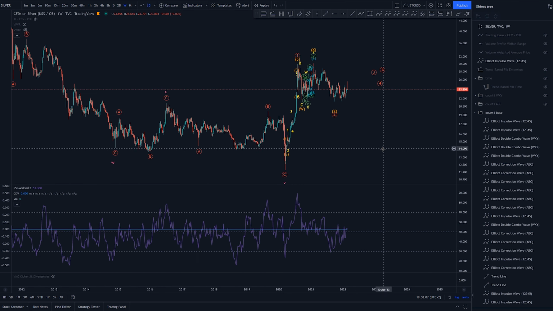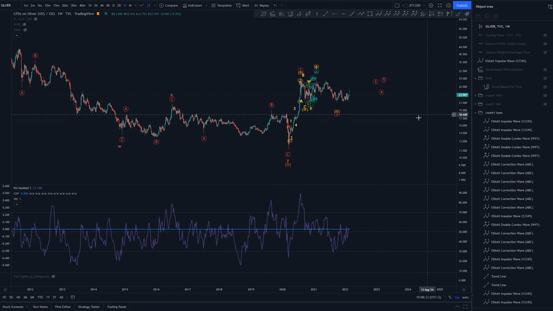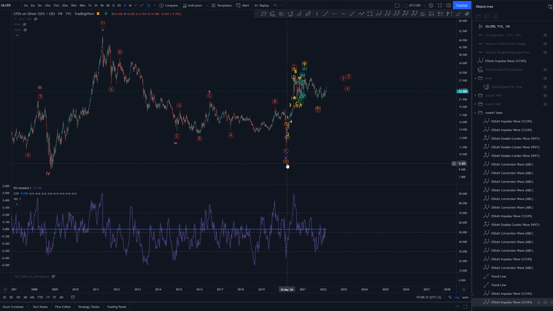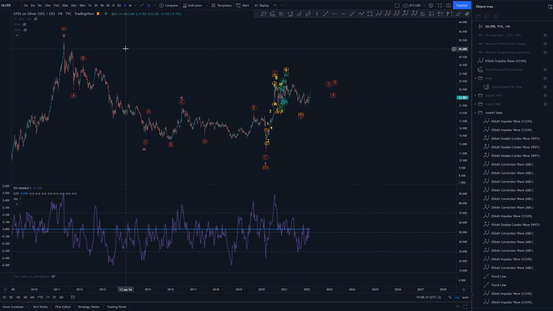And unlike gold, wave 2, or alleged wave 2 of Supercycle 2, is around the COVID crash. On gold it was on a different spot, so they correlate, but they're not at the same count, as I say. Or at least that looks like it.